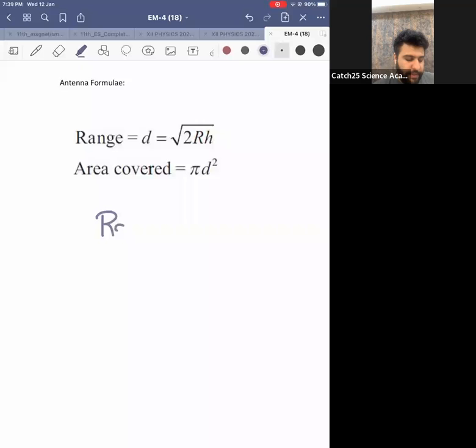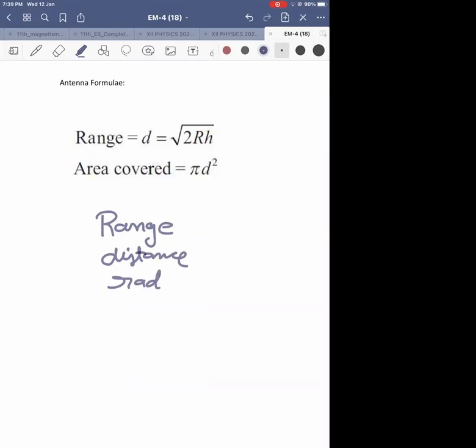The range covered, or the distance covered, or the radius covered.